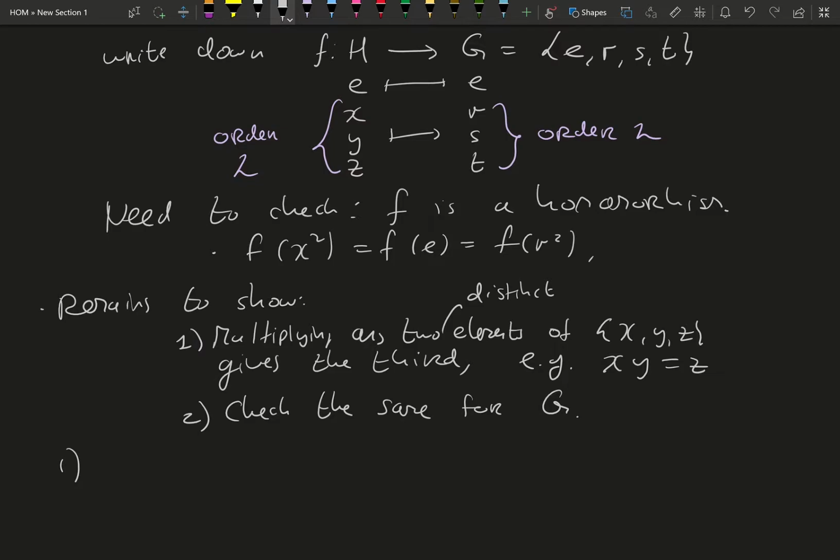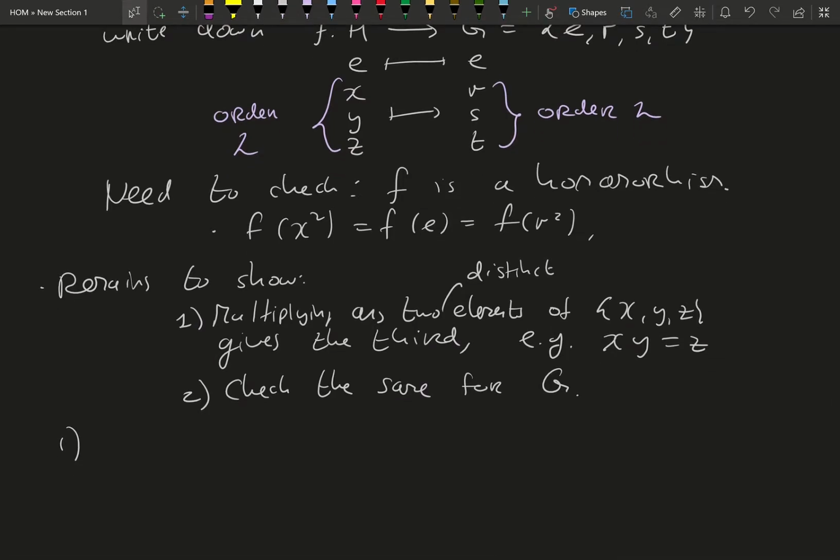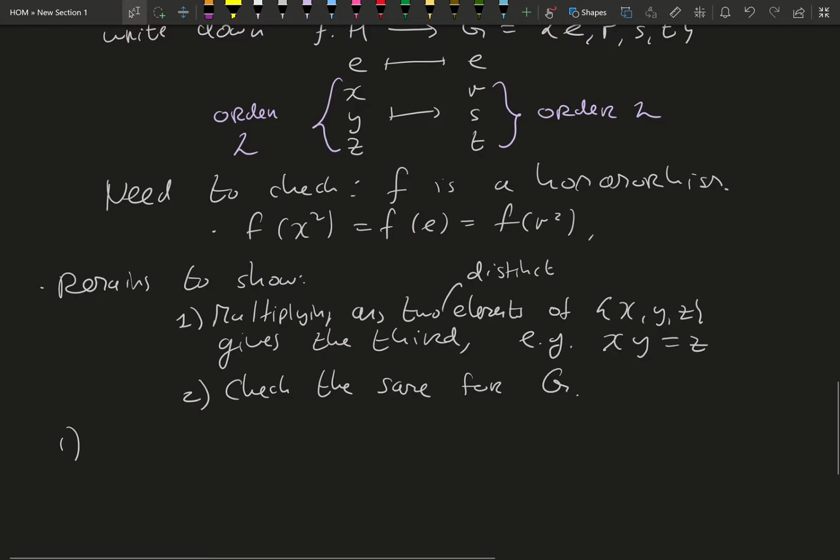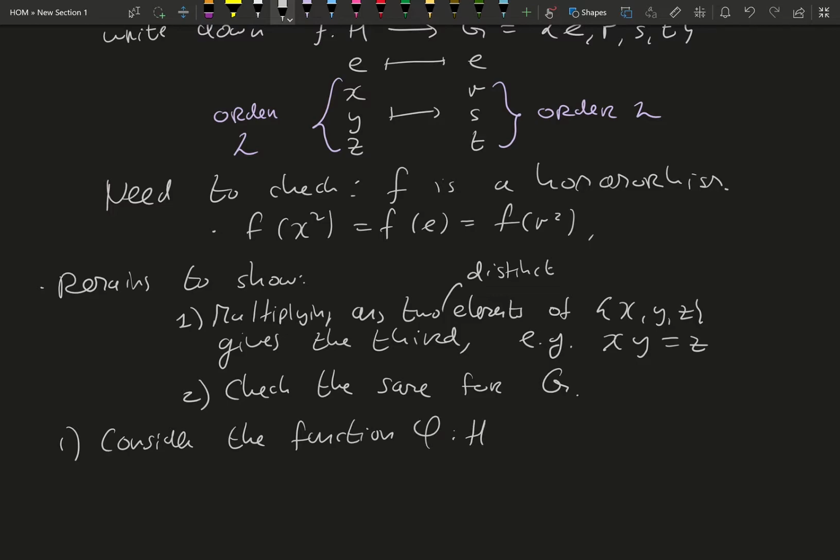And here I want to remark that if you know about multiplication tables, then this argument follows directly from making the multiplication table for H. But it boils down to the following observation. Consider the function, so this is not a homomorphism, but it's a function phi from H to H, which maps any, say, alpha to X alpha.